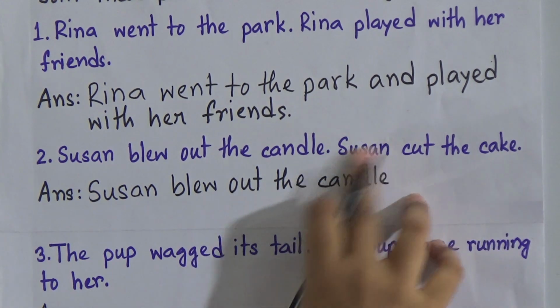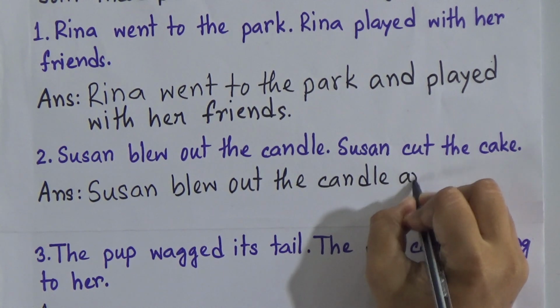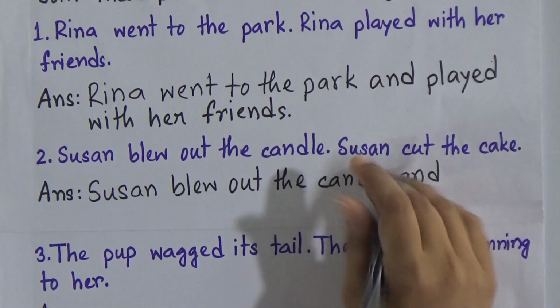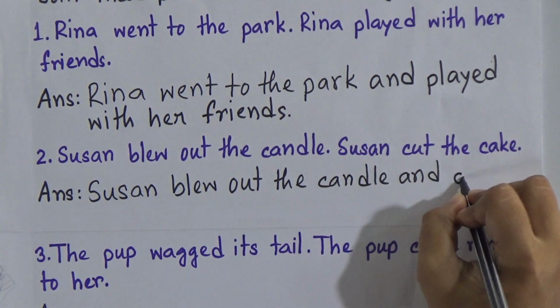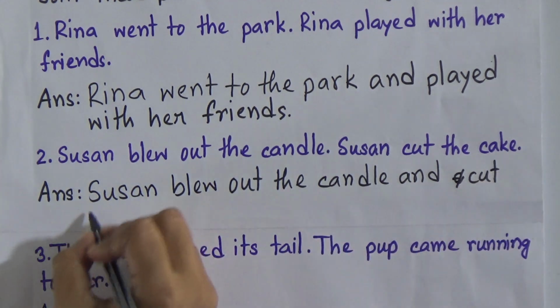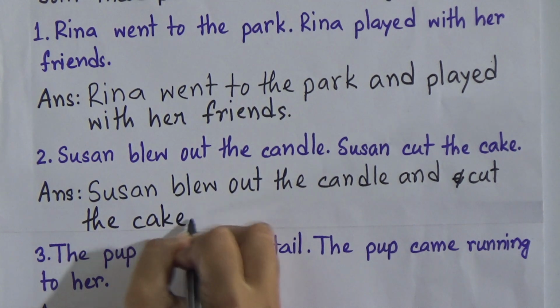Now we will omit this Susan and we will write here "and", or we will add "and", now the rest of the sentence, cut the cake.